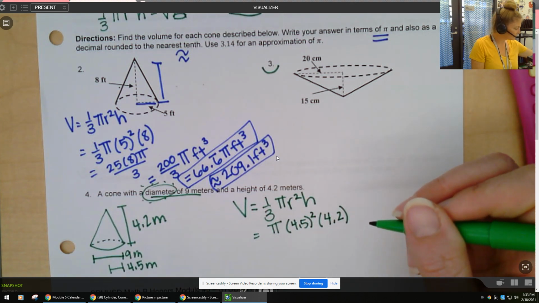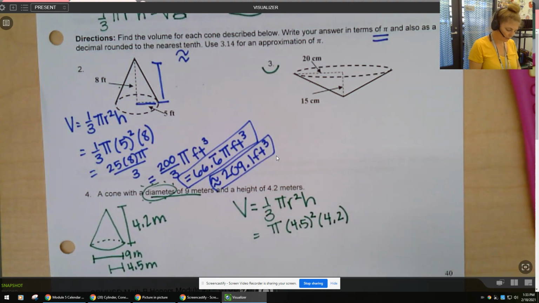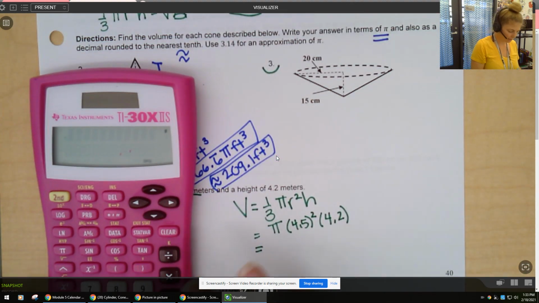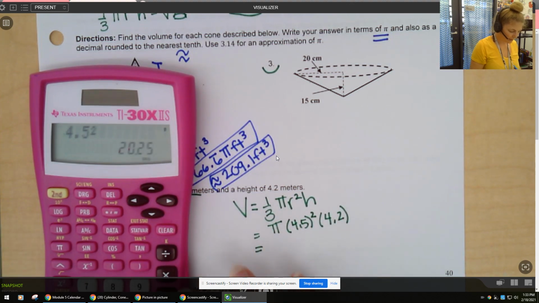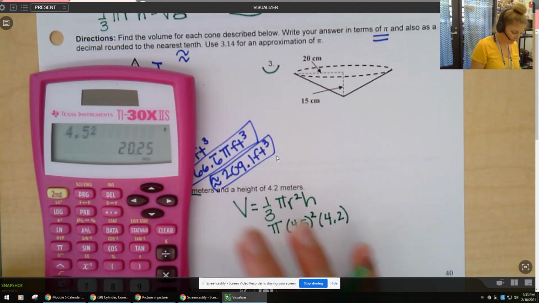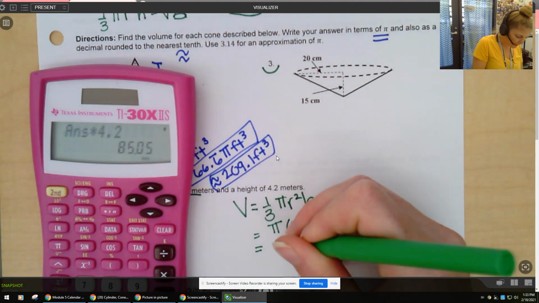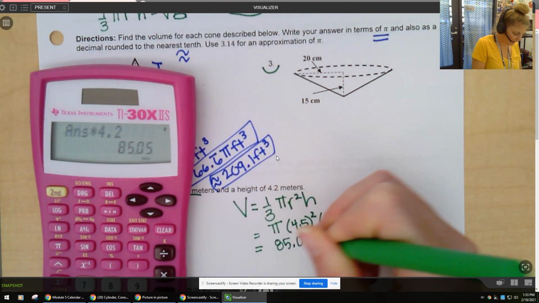From here, we are going to multiply. So 4.5 squared, go ahead and grab your calculator. 4.5 squared, 20.25. Then we can multiply that by 4.2. And we'll get 85.05 pi.